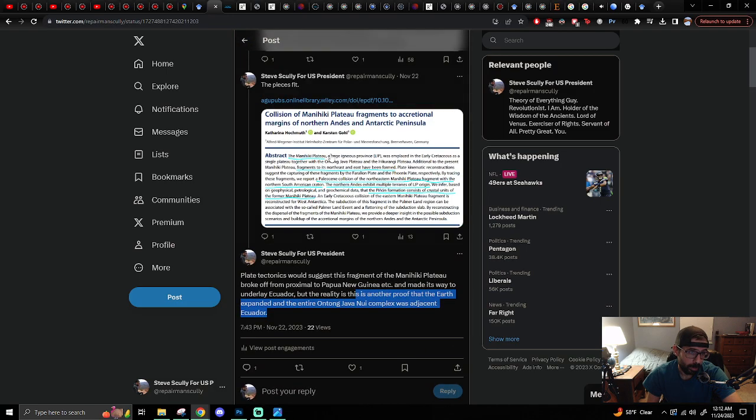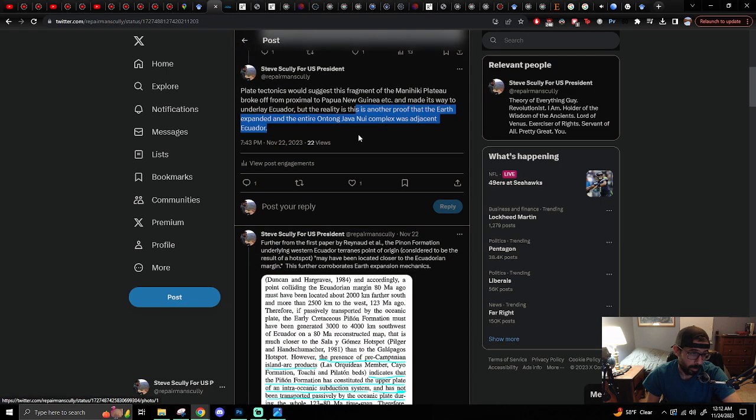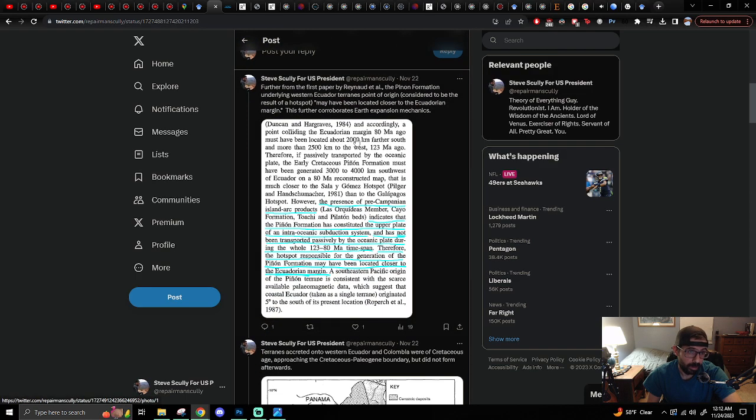From the first paper, I kept looking at some stuff and I noticed this. Renaud et al.: the Pinon Formation underlying western Ecuador terrains, point of origin, considered to be the result of a hotspot.